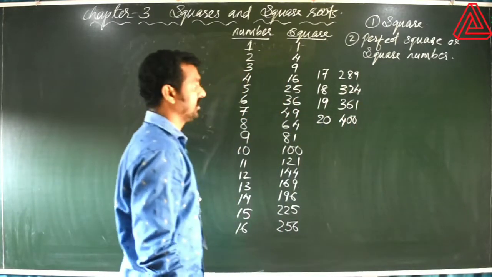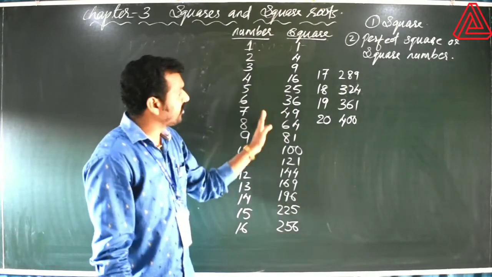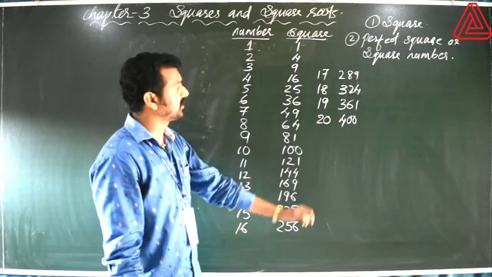The square of 20 natural numbers I wrote here.